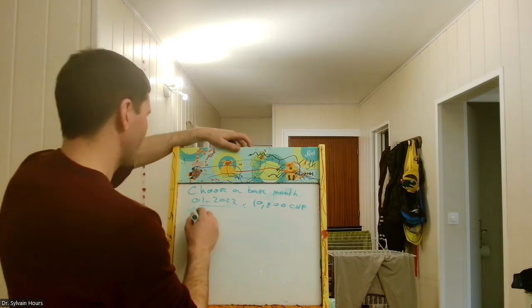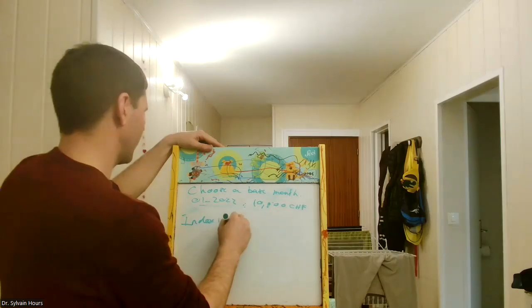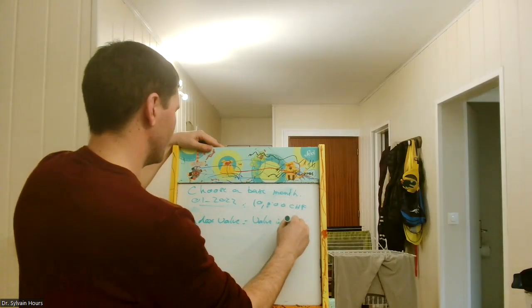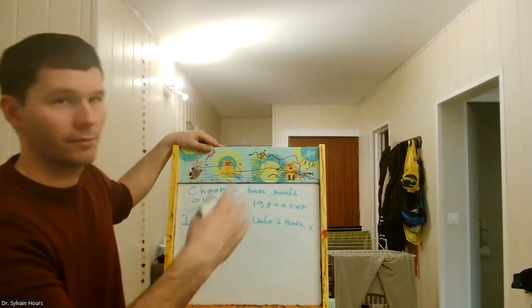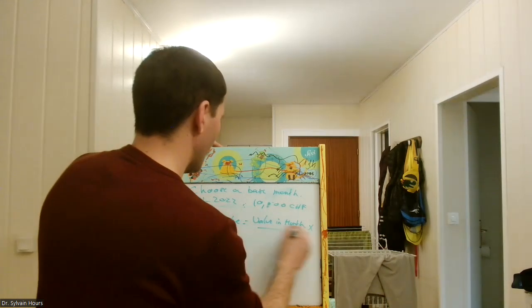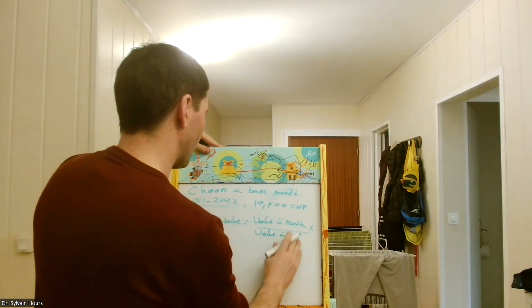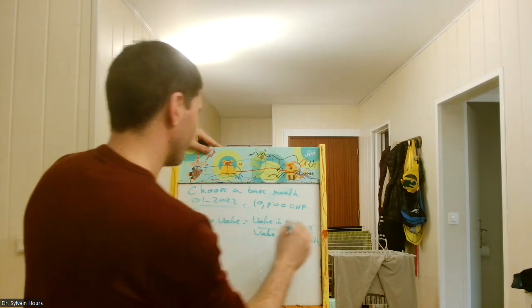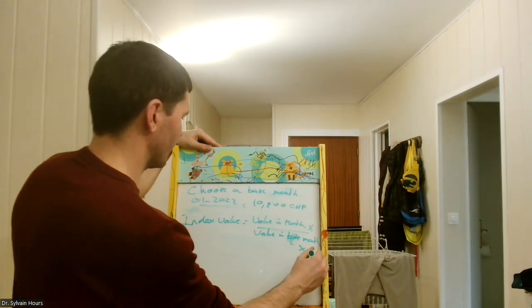So the formula is simply equal to the index value is simply the value in month X, doesn't matter, any month, January, February, March, over the value in the base month, times 100. I forgot, times 100.